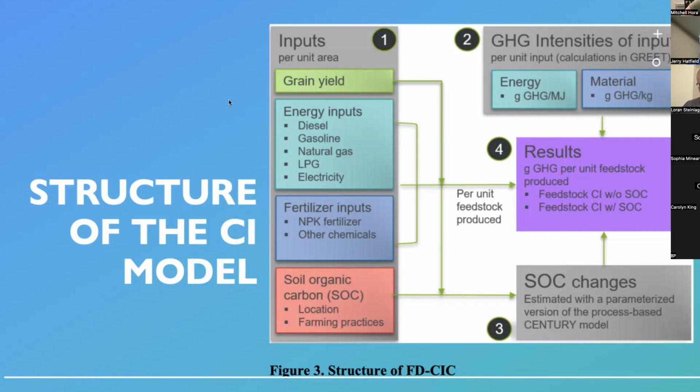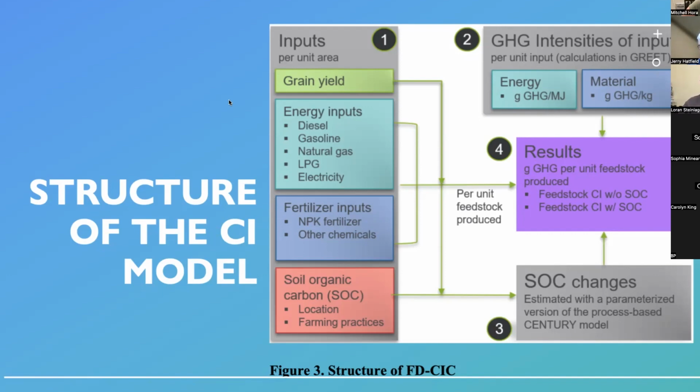Number two is, we know what the inputs are because we track all those. And then we can obviously, using the numbers out there, get the carbon or greenhouse gas intensities of the inputs. You've got energy and then you've got material. You can bring those together. Three, we can look at what's changed in soil organic carbon out there.